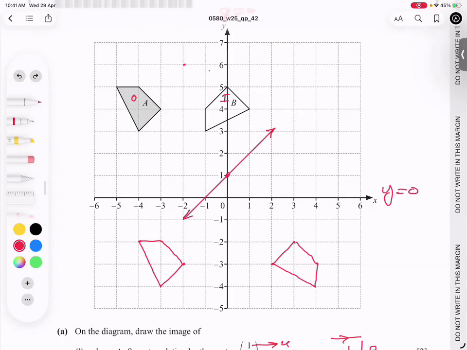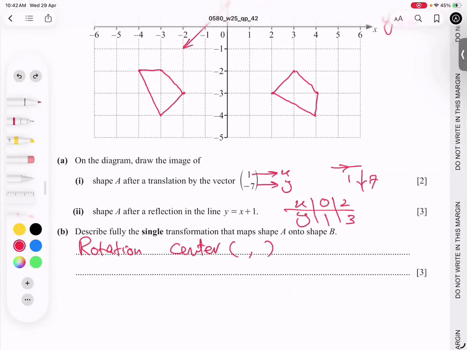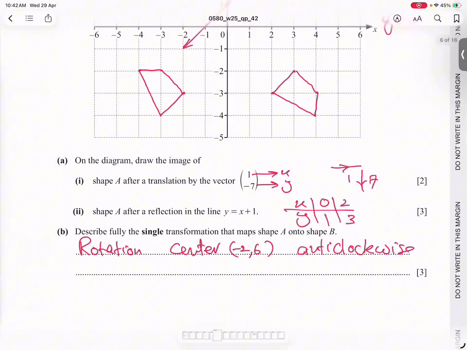I can't show the tracing paper, but anyway, it means this is a 90 degree anti-clockwise. Center is -2 and 6. So this is a clear anti-clockwise. So this part is very clear. And let's go for the next.